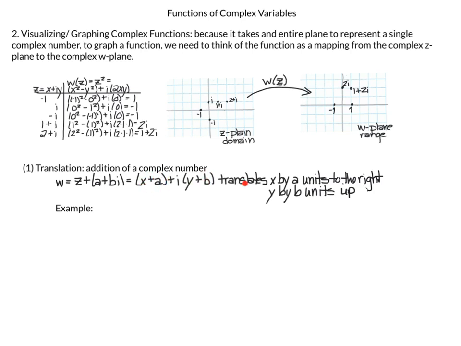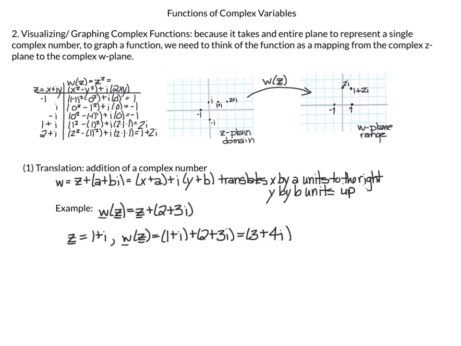So what that's going to do is translate x by a units to the right and y by b units up. For example, if w of z is equal to z plus 2 plus 3i, then if z is equal to 1 plus i, then w of z is 1 plus i plus 2 plus 3i, which is equal to 3 plus 4i.